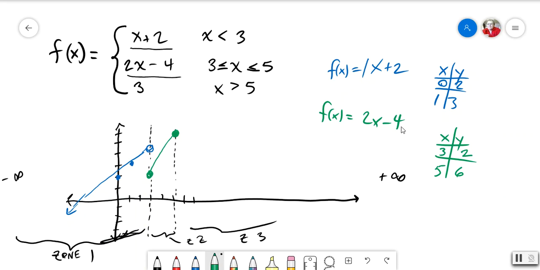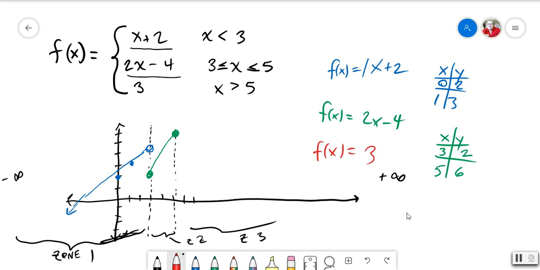And I did not write out how I was substituting that, but I trust you all see what's going on there. Last stage, I have f of x equals 3 when you're greater than 5.